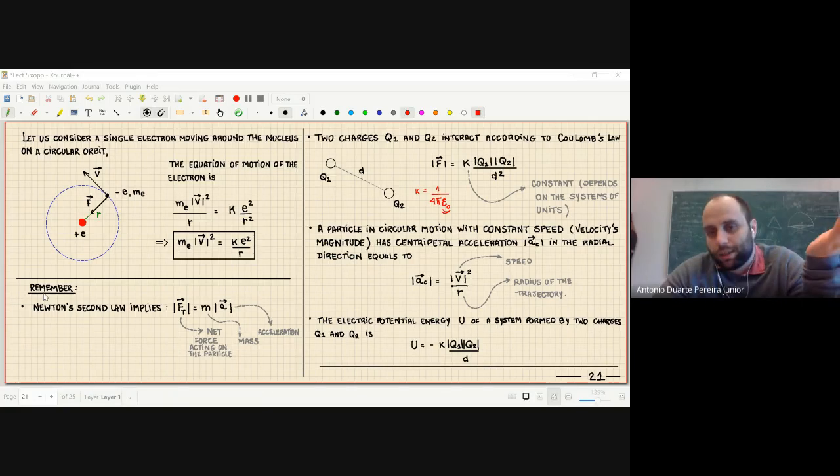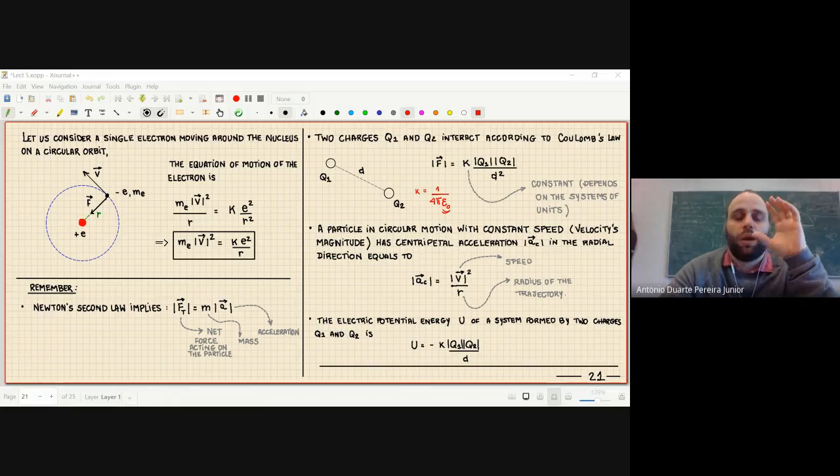Because now it is at rest. All these statements that I'm making here are with respect to inertial reference frames. And most importantly, I'm disregarding completely the effects of the gravitational field. So I'm not talking about general relativity here.